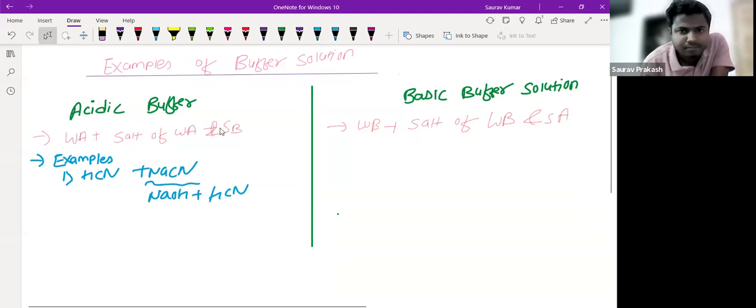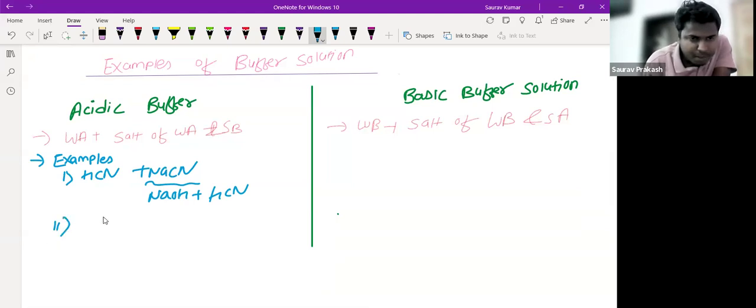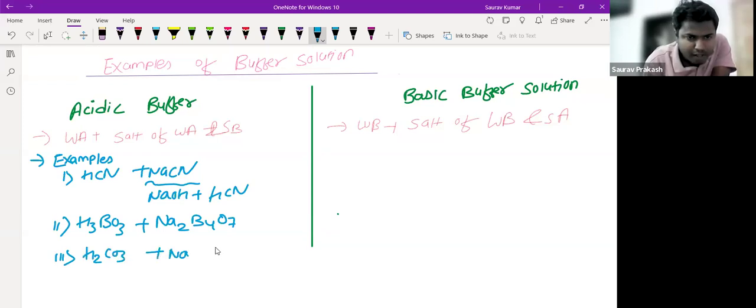Next example, we'll see H3BO3 plus Na2B4O7. Next example is H2CO3 plus NaHCO3.